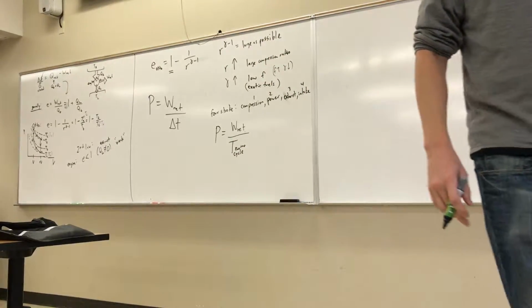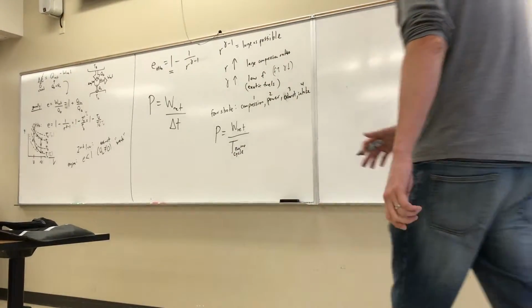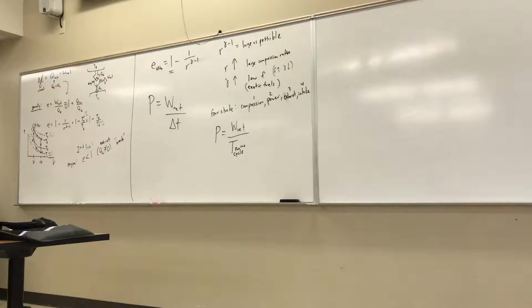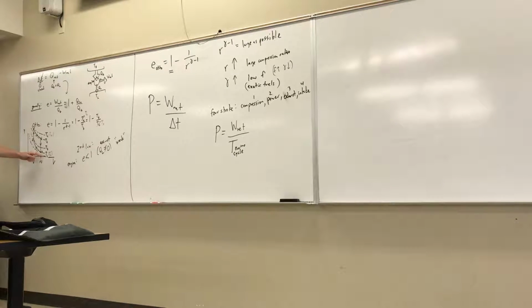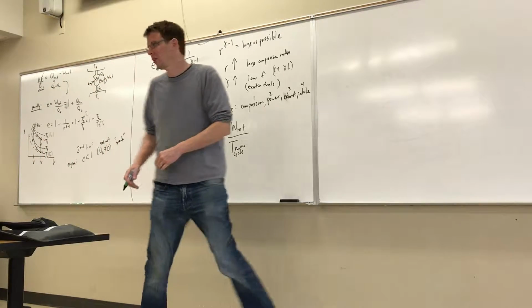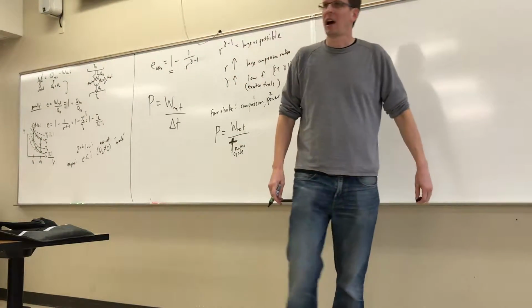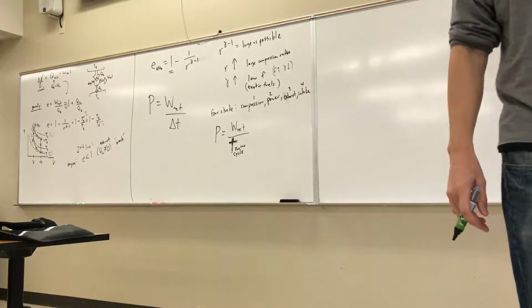So the power output would be how much net work can we produce when we run this PV cycle once divided by the time it takes for us to do it. So what's the period of our thermodynamic cycle, right? And so here I'm using T for period. Maybe I shouldn't use that because we've been using T for temperature. So this is just lowercase t, okay? So that's the time to complete one thermodynamic cycle, okay?